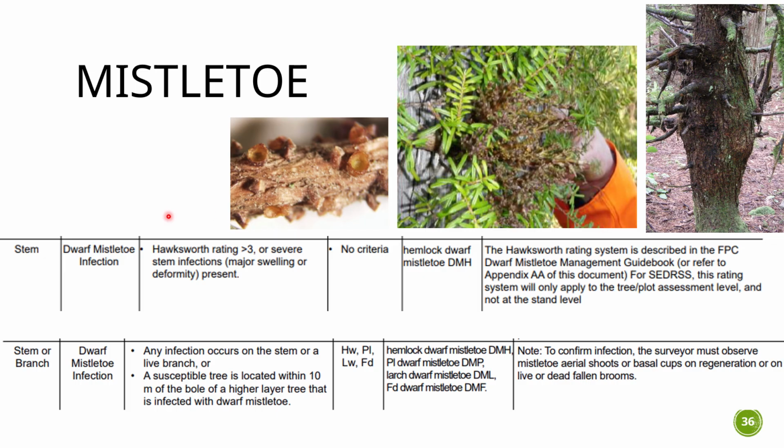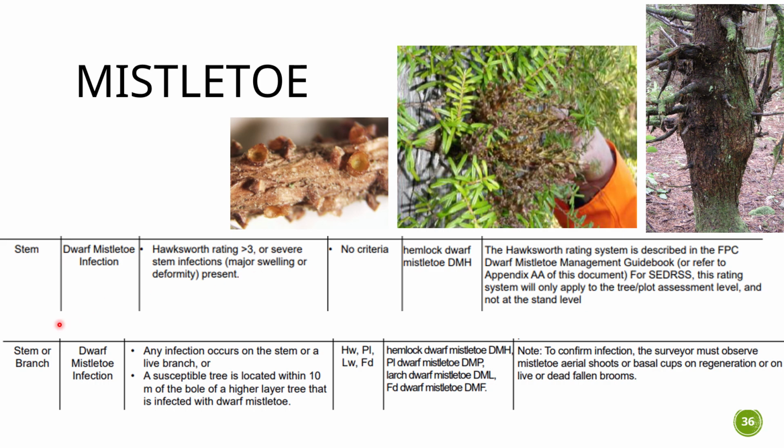It says that a tree is unacceptable if it has a Hawksworth rating greater than 3 or a severe stem infection. And if you look into the old FPC mistletoe guidebook, a severe stem infection means major swelling. Major swelling is defined as having swelling on greater than 25% of the stem circumference. So this would be more than 25%.